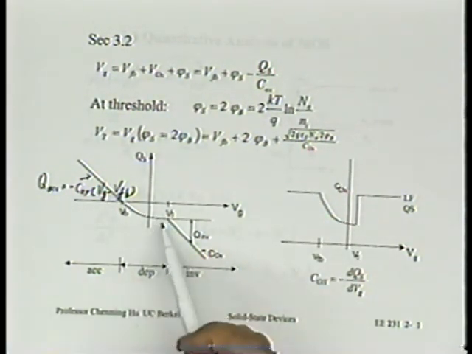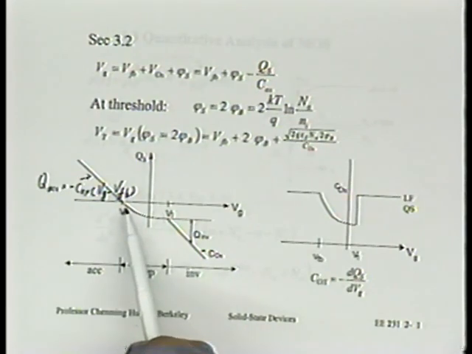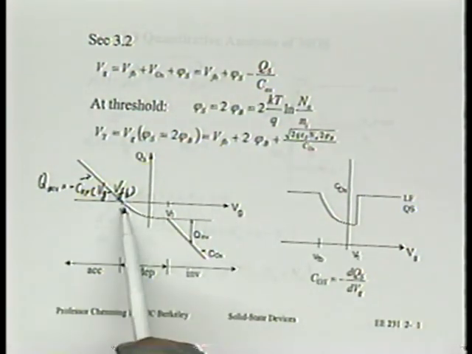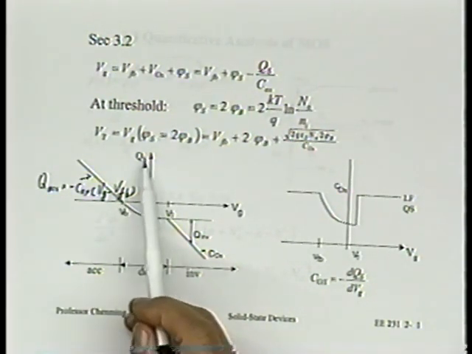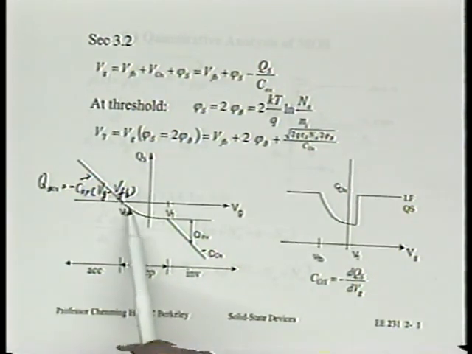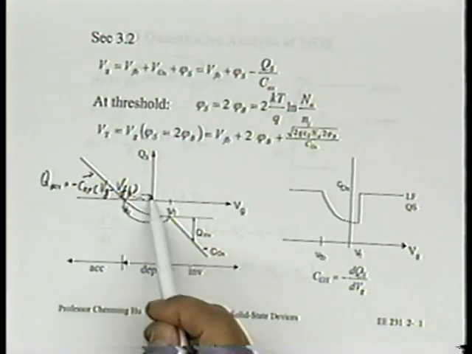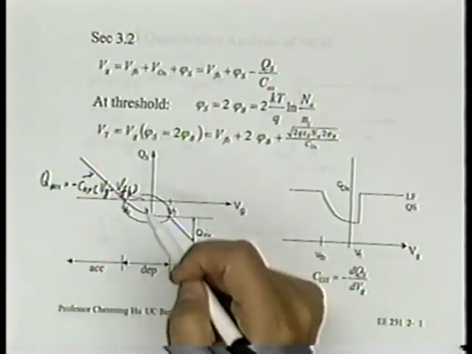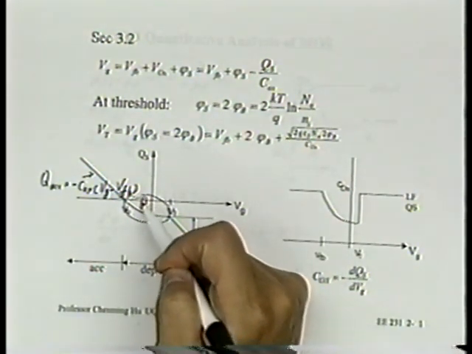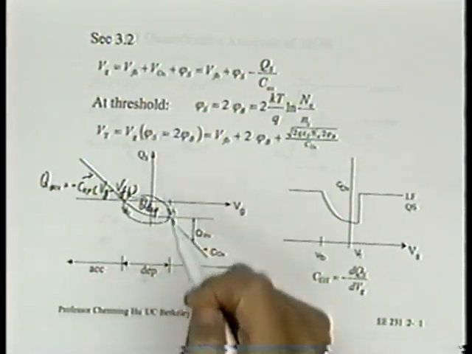In the depletion region, we know that as we move Vg away from the flat band voltage, the surface potential increases, band bending increases, xd increases, therefore the depletion charge increases. So most of this, at least in the first order model, is the depletion layer charge.